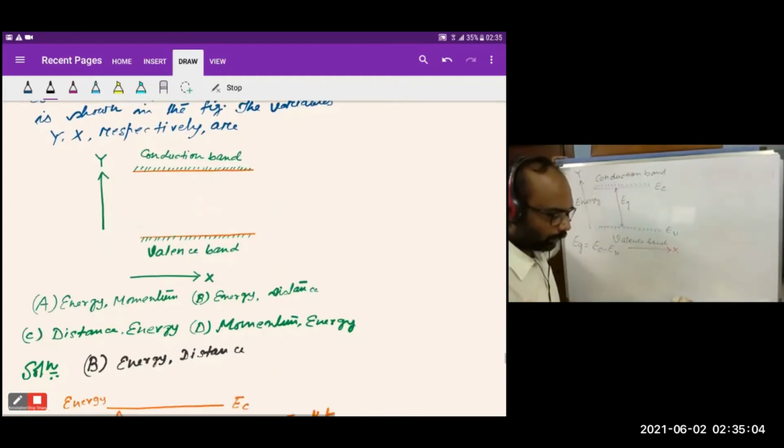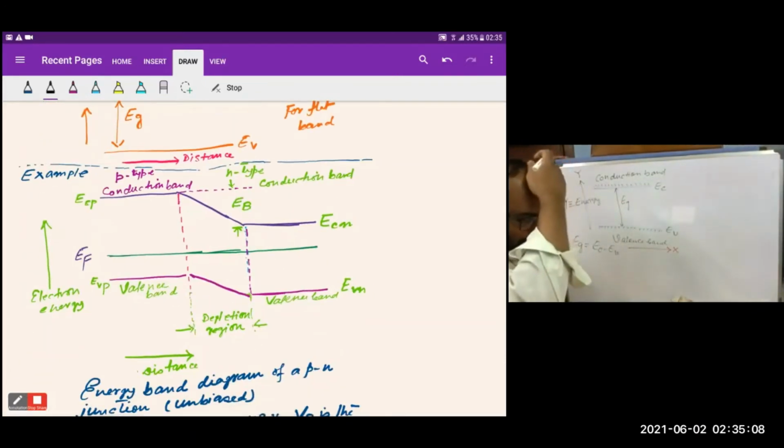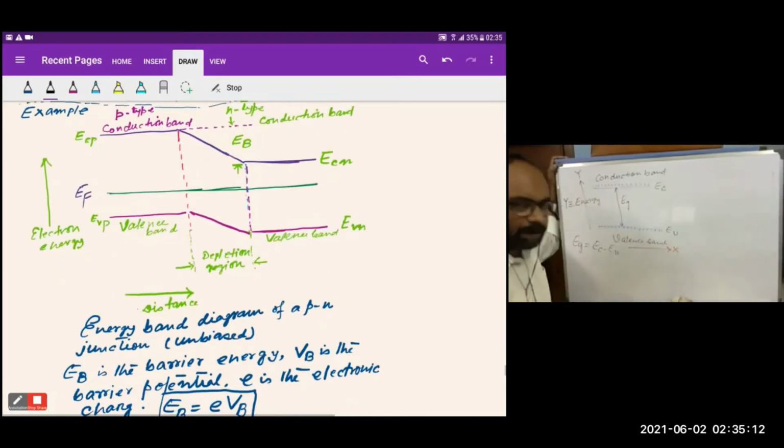Let's look at an energy band diagram of an unbiased PN junction. We are all familiar with this kind of band diagram.